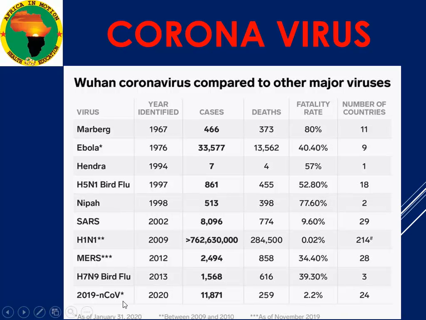Now the current one, the 2019 nCoV in 2020, by the time it was reported on the 31st January 2020, it had affected 24 countries. But today, as we speak, on the same date of today, it has already affected 29 countries, and the fatality rate is around 3% today.